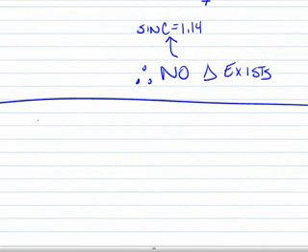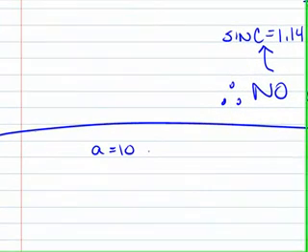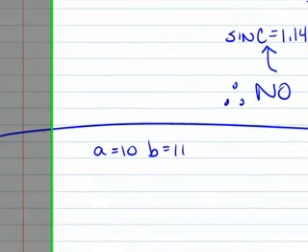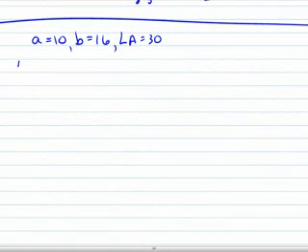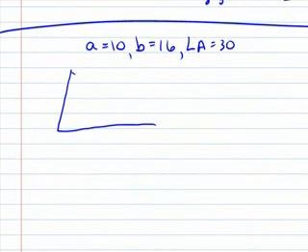How about a more interesting one? Have a triangle where A is 10, B is 16, and angle A is 30. So let's just draw some kind of really random triangle here.